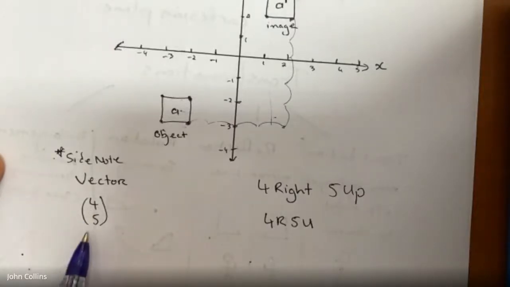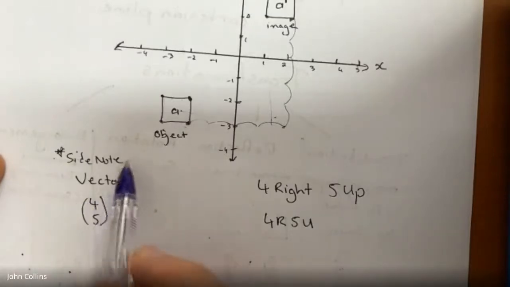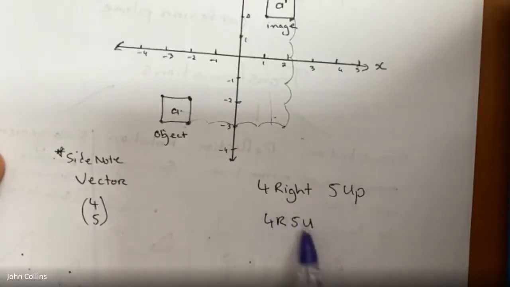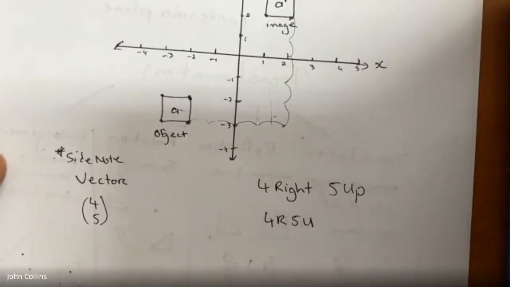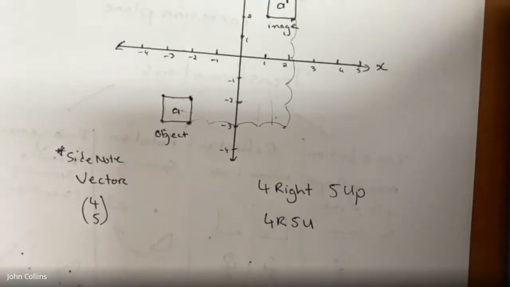And if it was down 5, it would be -5. Up and right is positive, and left and down is negative. But that's just a side note. We're going to use this for this unit, just with the letters. When you get to year 8 and 9, you'll start using the vectors, but not yet.